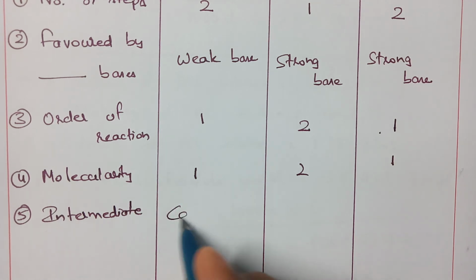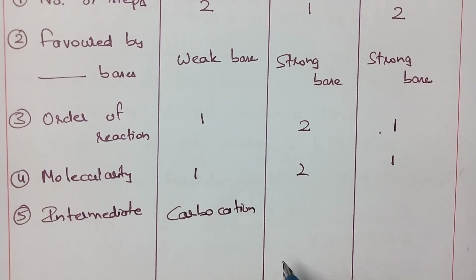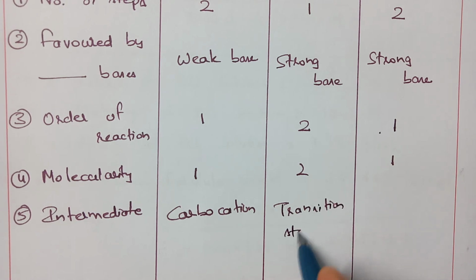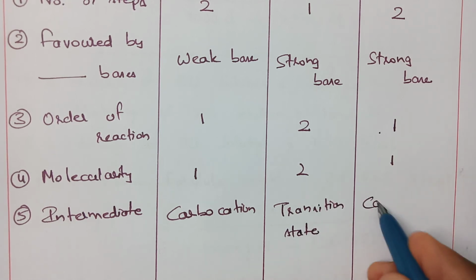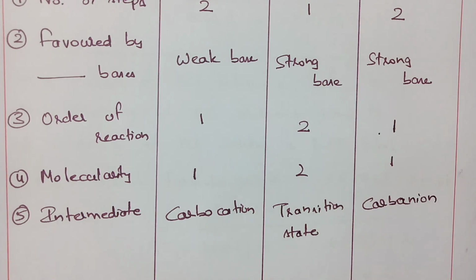In E1 mechanism, a carbocation intermediate is formed. In E2 mechanism, only a transition state will be formed, no intermediate. Coming to E1cB, a carbanion intermediate is formed.